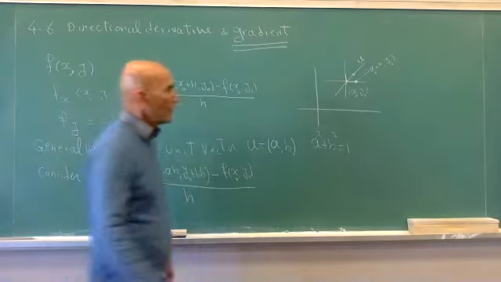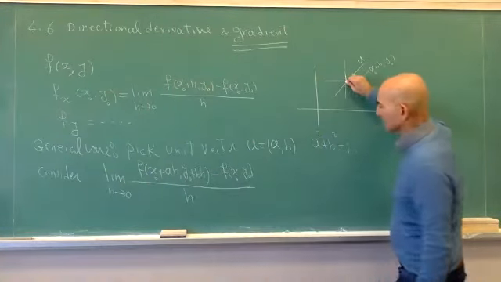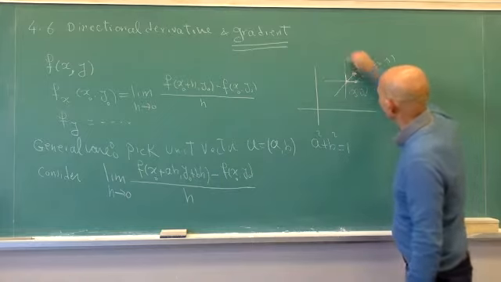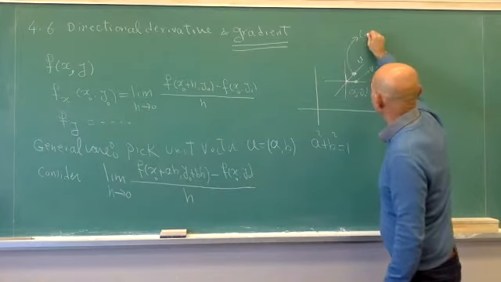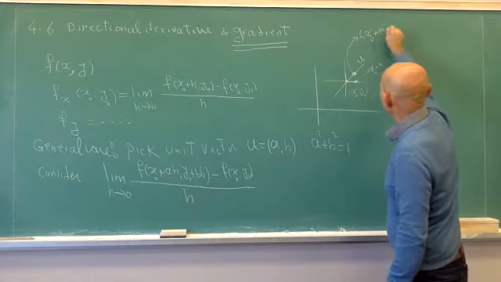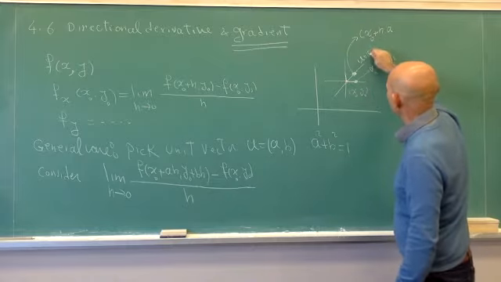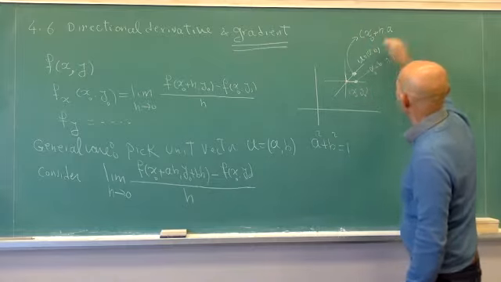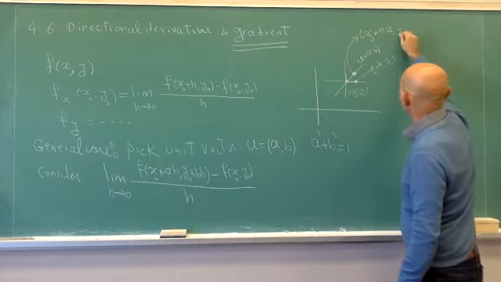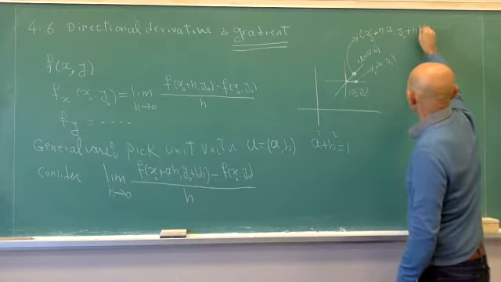So what we are doing is looking at x0, y0, but the coordinates of this point are x0 plus ha, because u is equal to the vector (a, b), and y0 plus h times b.